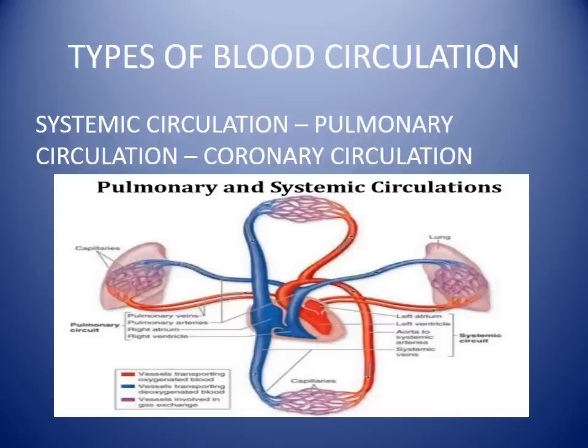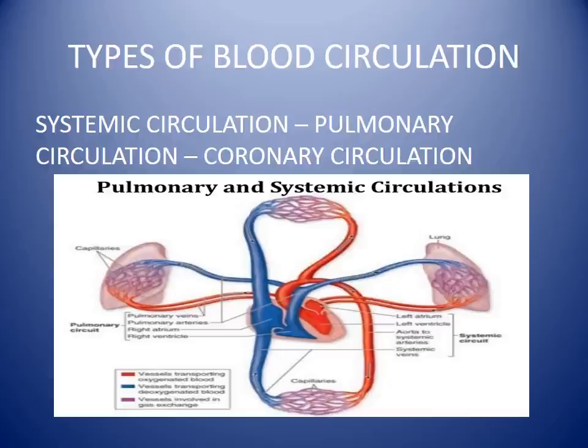That means it started from the right ventricle, going to the lungs. The pulmonary vein collects oxygenated blood from the lungs and supplies it to the left atrium.